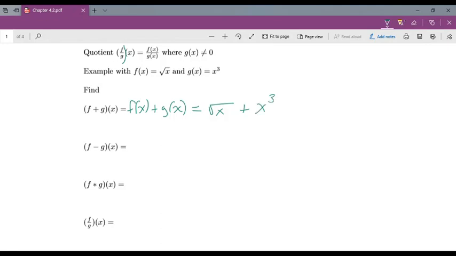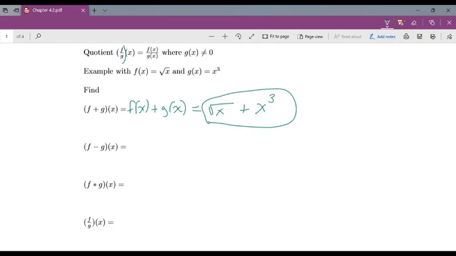Now the big key here is to try to simplify if you can. Here we can't simplify at all. This is just as simple as it gets. So we'll just leave it as this. This is our answer. So f plus g of x is just the square root of x plus x to the third. If you can simplify, please do so. If you can't, then you just can't.